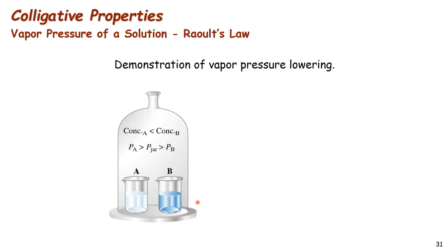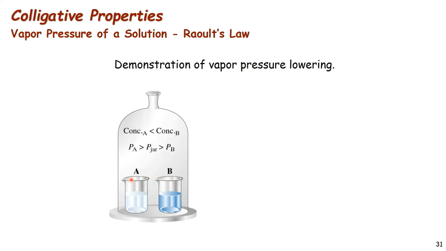So it's basically an airtight seal, so gas molecules can't get in or out of this bell jar. And if you take two beakers, and let's say we have 100 milliliters of water in each beaker, and I put 1 gram of sodium chloride in this one, and I put, let's say, 2 grams of sodium chloride in this guy over here. So B then is much more concentrated than A.